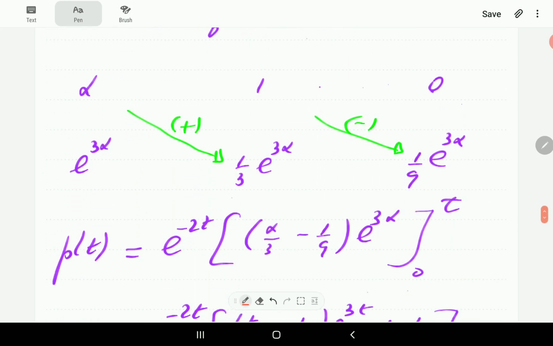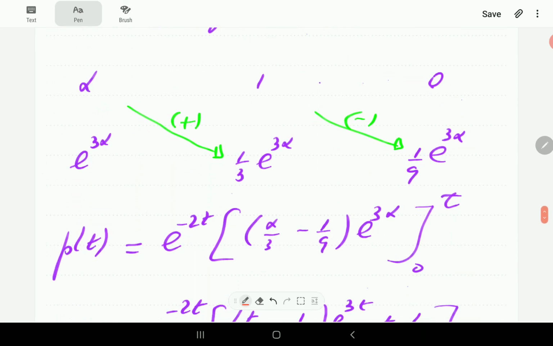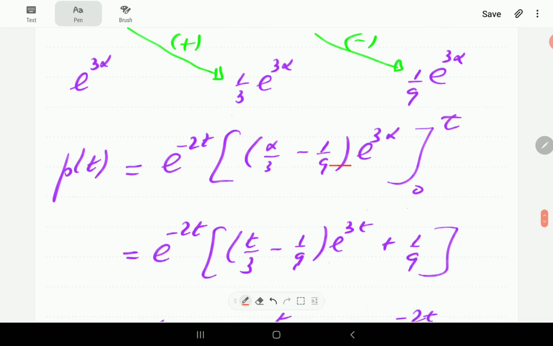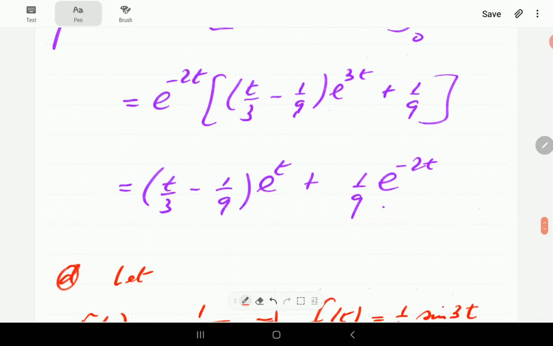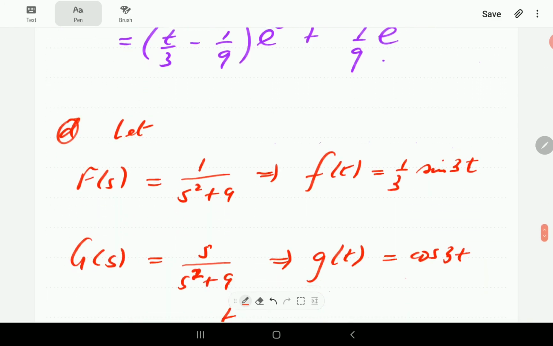So we integrate this using tabular integration, and it gives us that. And then when you plug in t and 0, this is what we have. And then multiplying through everything by e to the minus 2t, that is going to be our inverse Laplace transform.